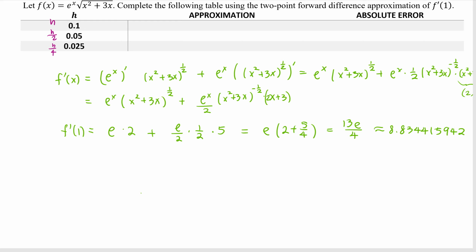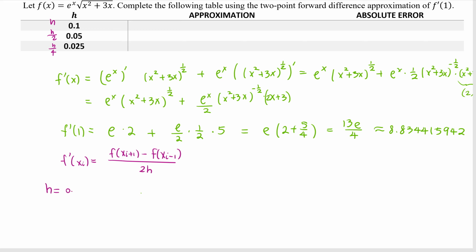Okay, so what is the central difference formula again? F prime of xi equals f of xi plus 1 minus f of xi minus 1 over 2h. Alright, so keep that in mind.